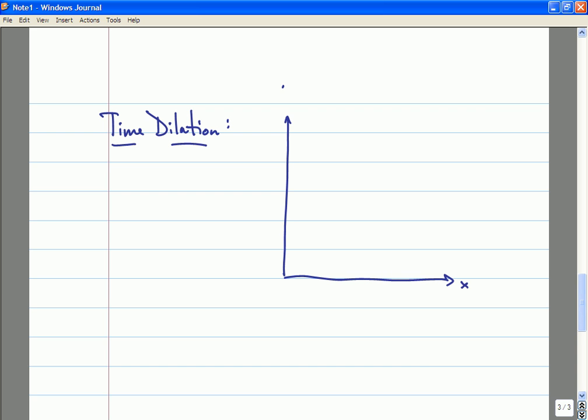And let's imagine that we have two twins, one of whom stays on Earth while the other one goes off to Alpha Centauri in his or her spaceship and then returns. And let's see how old those twins are when they meet again after the second twin returns from Alpha Centauri. So in this coordinate system, I will take the point x equals 0 just to be Earth, and I will take this to be the inertial coordinate system, which is at rest with respect to the Earth.